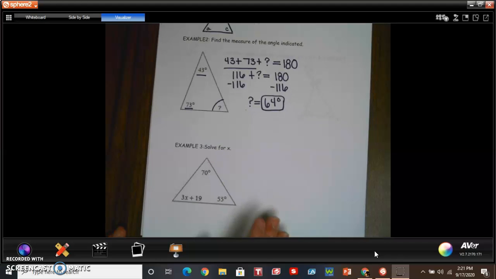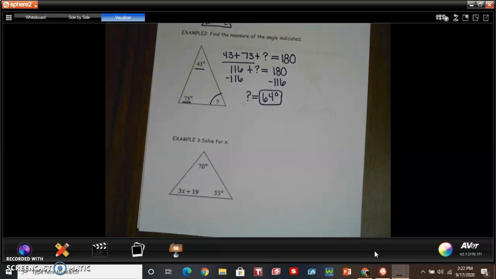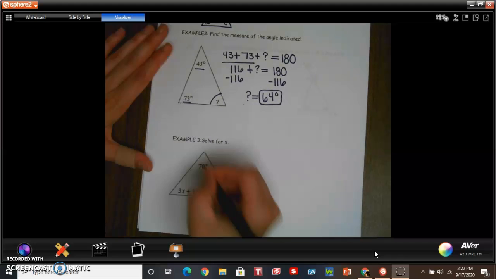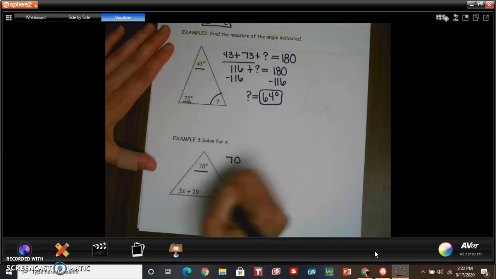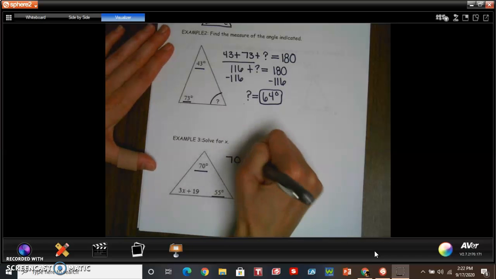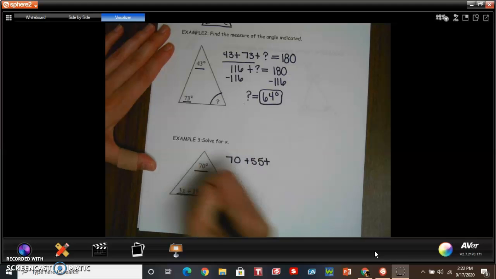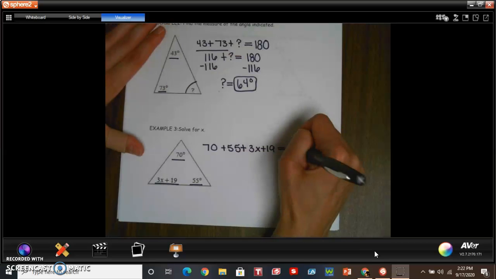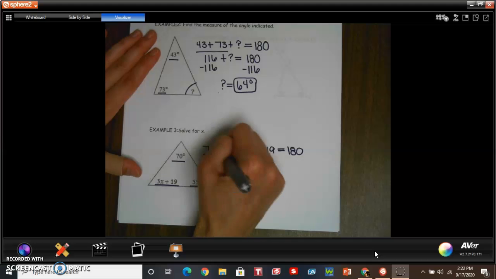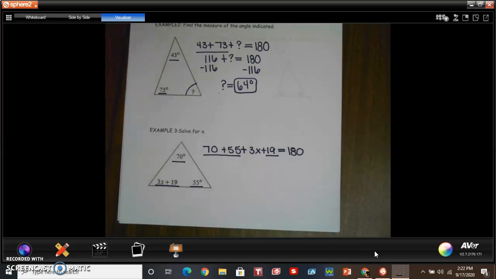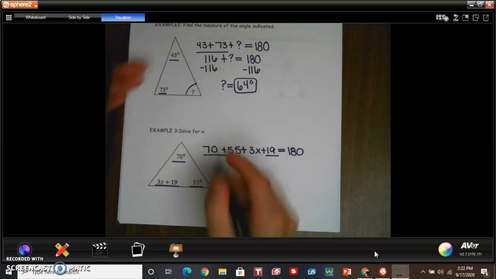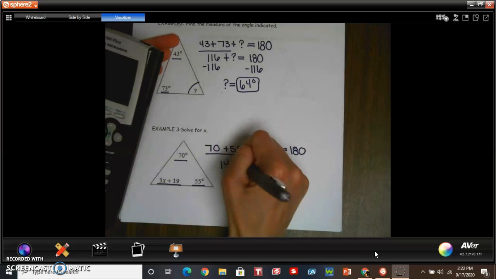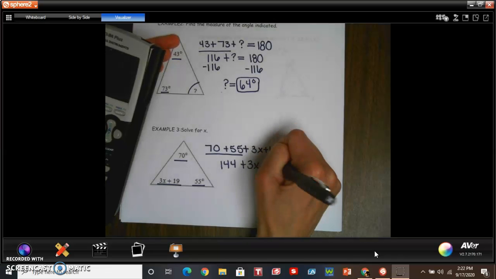Let's do example 3. Solve for x. Again, we're dealing with the inside. So we have an angle of 70 plus 55 plus 3x plus 19 equals 180. Okay, let's combine like terms. 70 plus 55 plus 19 gives us 144, plus 3x equals 180.